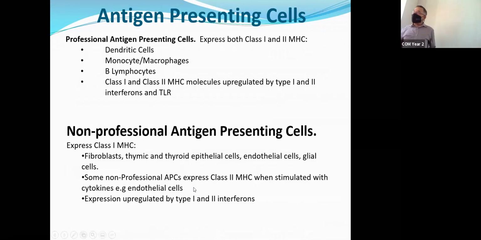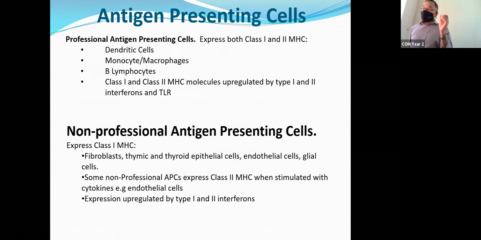Now, what about class 2 MHC? Class 1 predominantly refers to parenchymal cells, the cells that make up our livers, our kidneys, our skin, and so on.